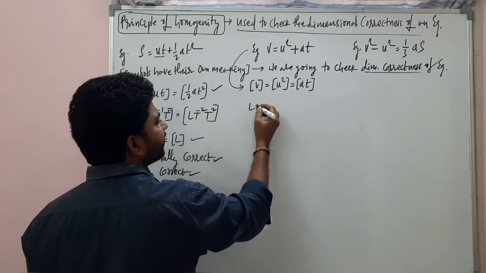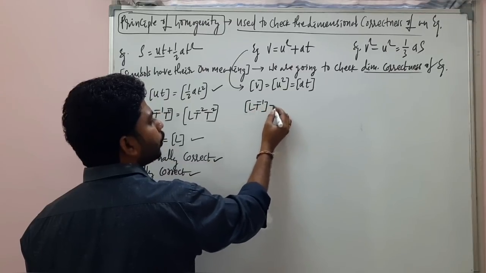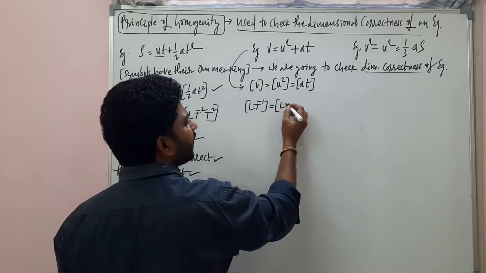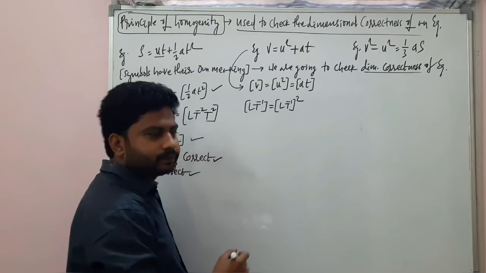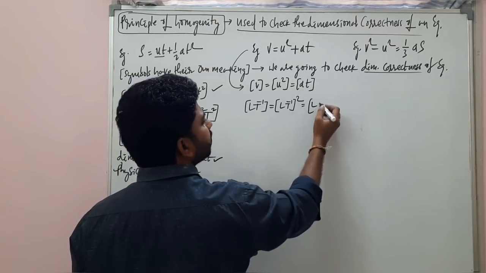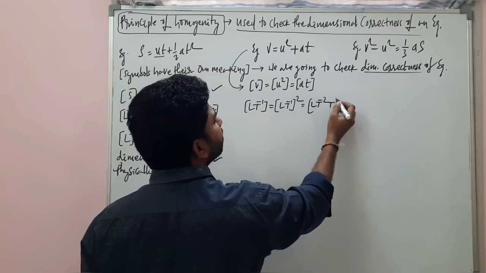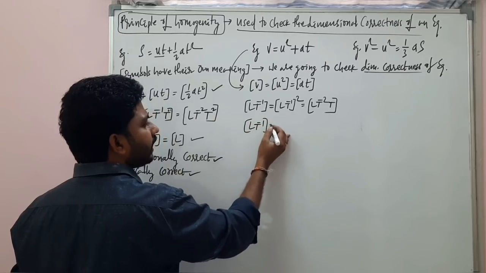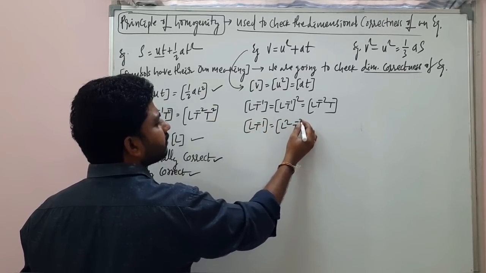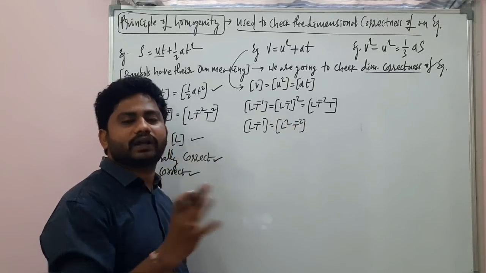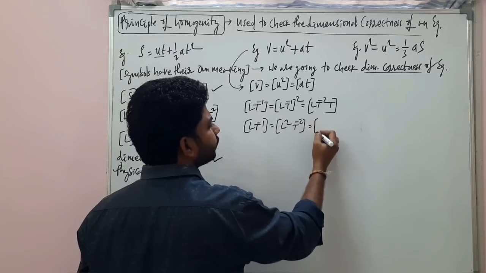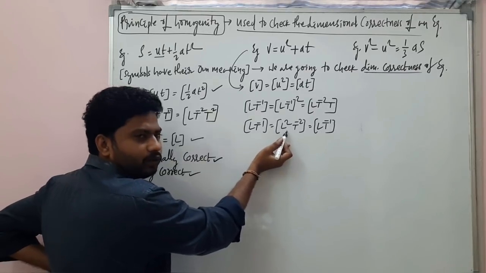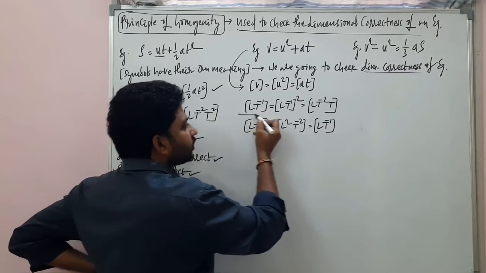V, velocity dimensions are LT minus 1, which is equal to initial velocity whole square, that is LT minus 1 whole square, equal to acceleration LT minus 2 into time T. So this is LT minus 1 and this is L square T minus 2, which is equal to LT minus 1. Is it correct? This is not equal to this. So this is wrong.